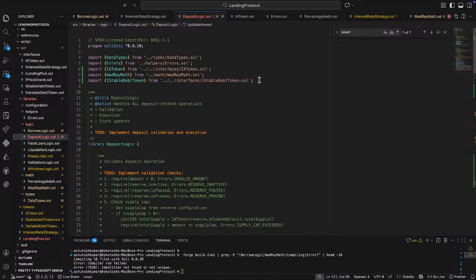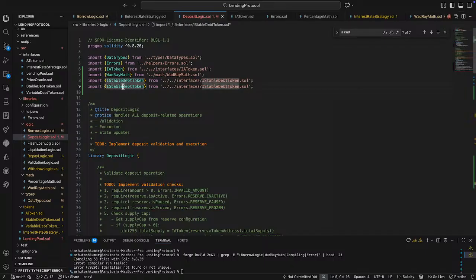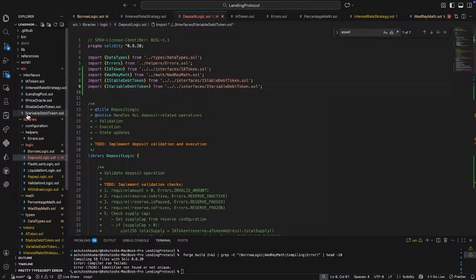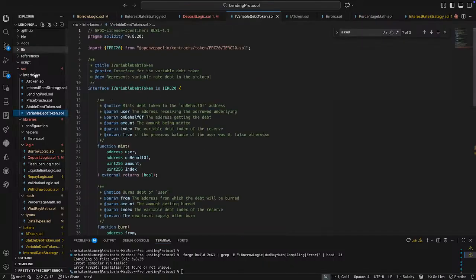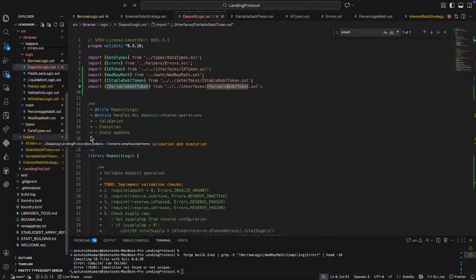We have to also import I variable debt token. Variable debt token and I variable debt token is IERC20, wherever, by you can just go by Control minus.